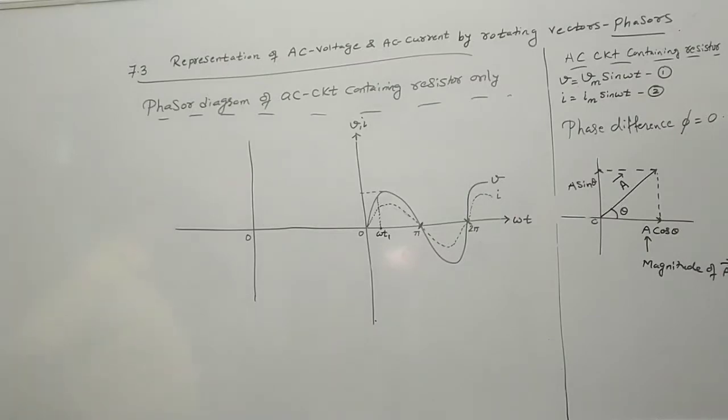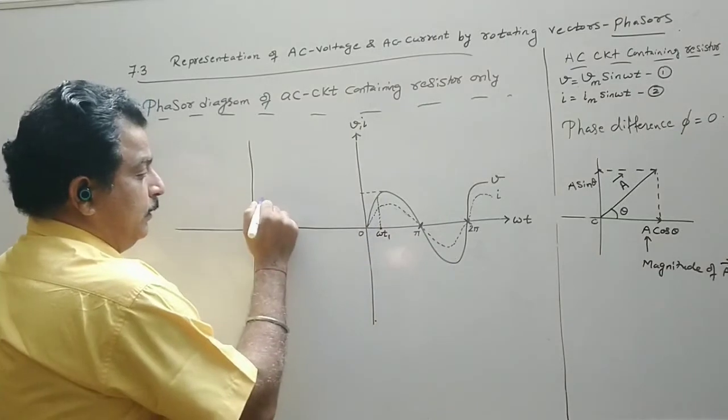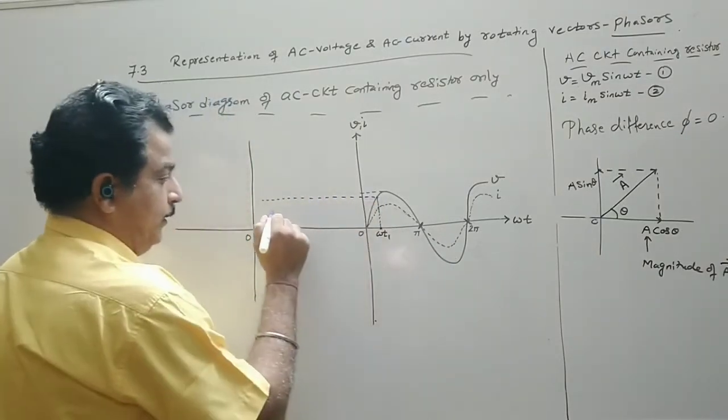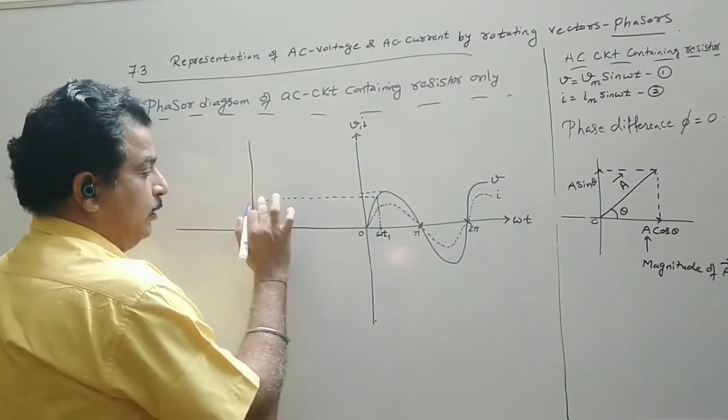So t1 will be provided to you, and omega is known, so it will give you the value of omega into t1. So you drop that common point. Now we draw a horizontal line connecting the V and join this.